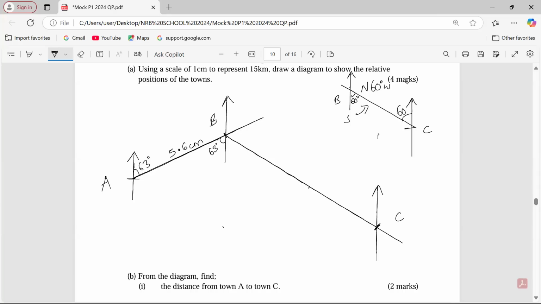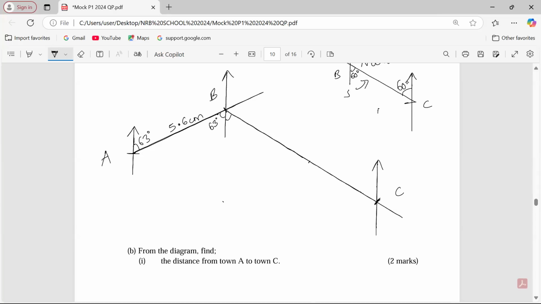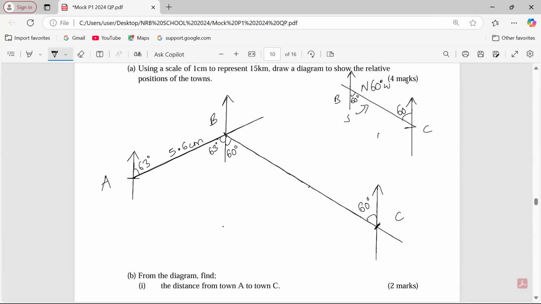That is C. We drew 60 at this point, so I had to measure another 60 at this point for my compasses to be very sharp, parallel to one another that way. So we have the position of C.